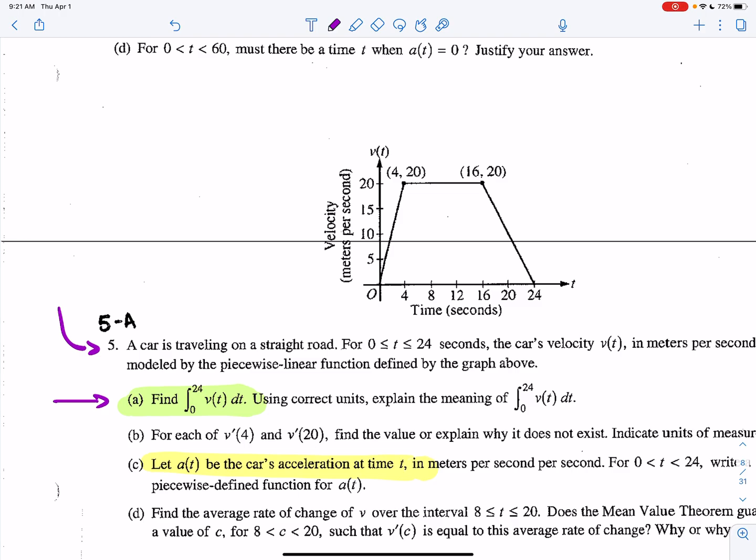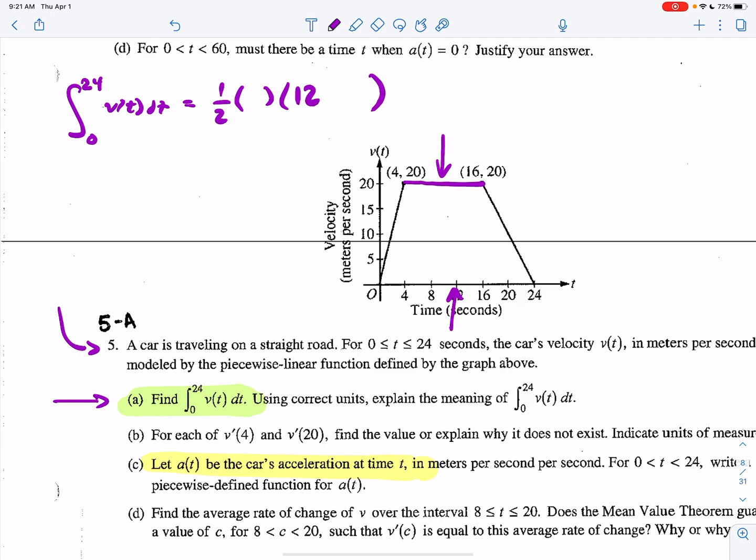So the integral from 0 to 24 of v of t dt is really just 1/2 the height times the bases. Since the bases are parallel to each other, the bases will be a length of, from 4 to 16, that's 12, and from 0 to 24, that's 24.